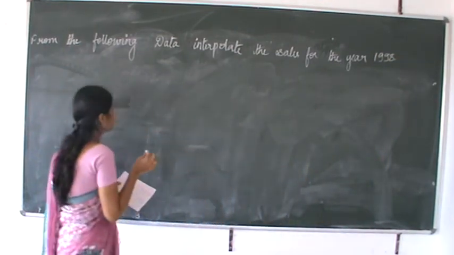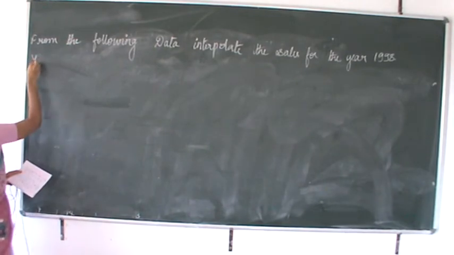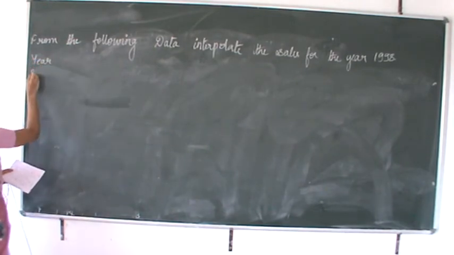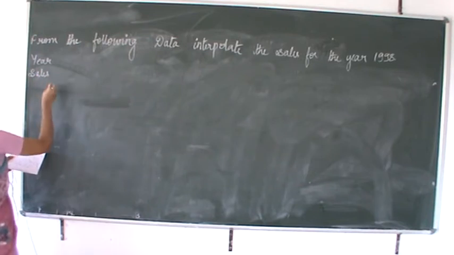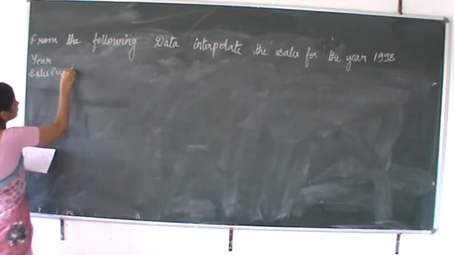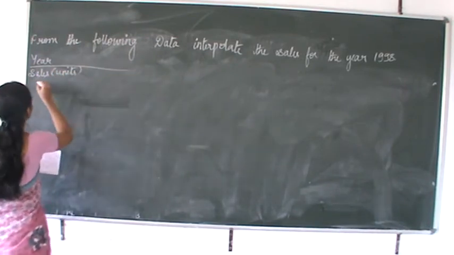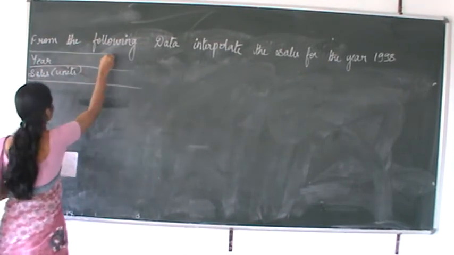The information given are year, next sales in units. These are the two pieces of information given.